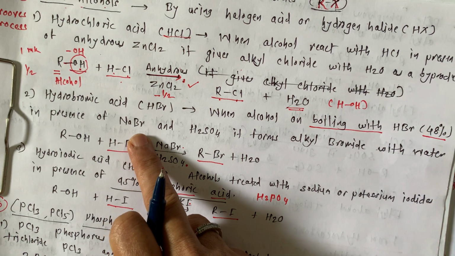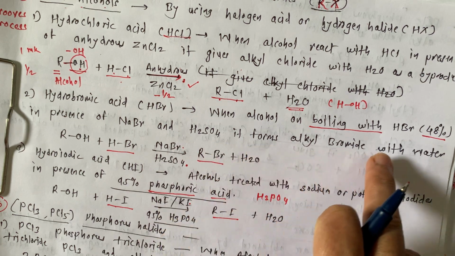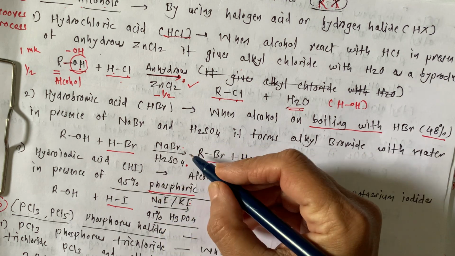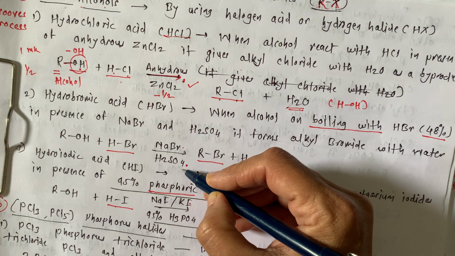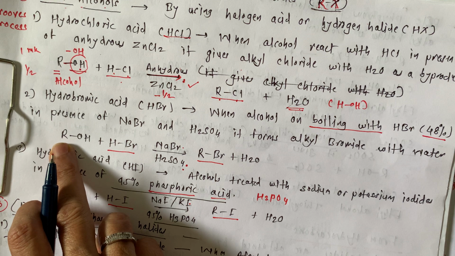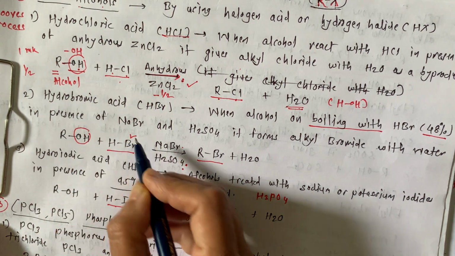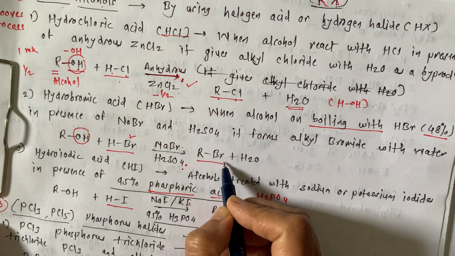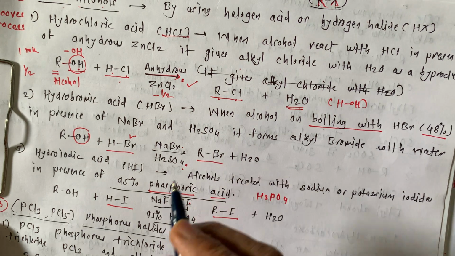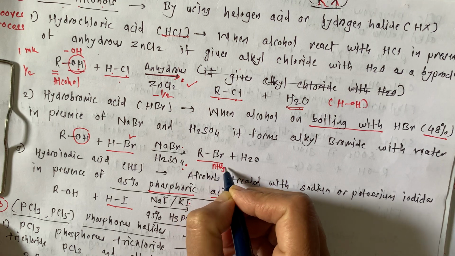In presence of sodium bromide and H2SO4, it forms alkyl bromide with water. So the reagent is sodium bromide in presence of H2SO4. HBr reacts with ROH, the OH group is replaced by bromine, so there is formation of alkyl bromide and the byproduct is H2O. So this is our alkyl bromide.